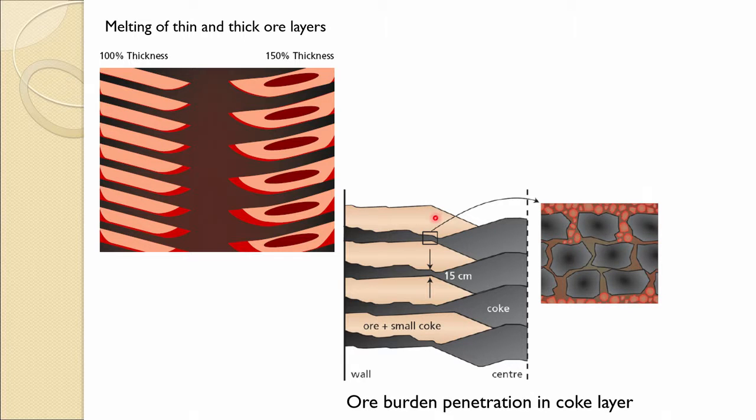The ore layer, or smaller particles, will penetrate into that, into the more void fraction, and that will give more resistance to the gas, and the pressure drop will increase. Again the smooth function of the blast furnace will be disturbed. So, the aim should be that the layer thickness is maintained even in the descent, and it should not become erratic.